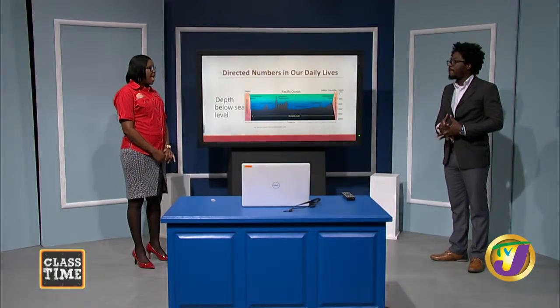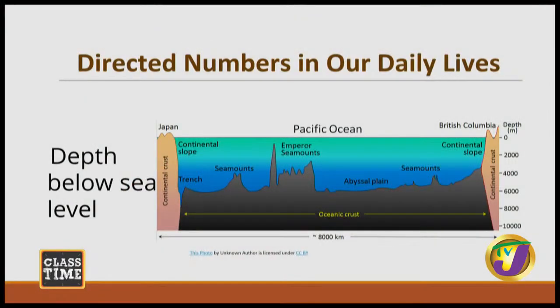Now, unlike the scores in a football match, when we're looking at sea level, we're looking at distance and sea level. Sea level is the surface of the sea that we see when we look out at sea. Now, we can go in two directions away from sea level.